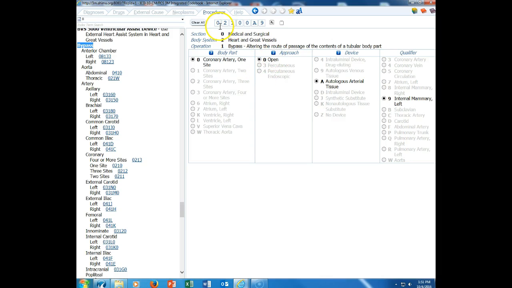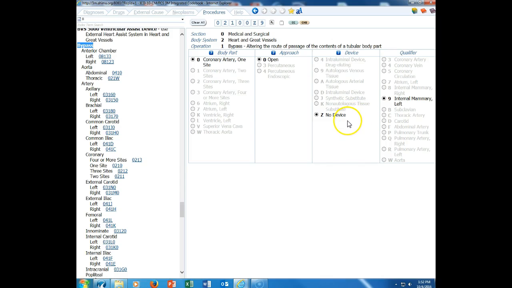So one of your codes would have been 02100A9. Or if in fact you coded 02100Z9, I also gave you credit for that.